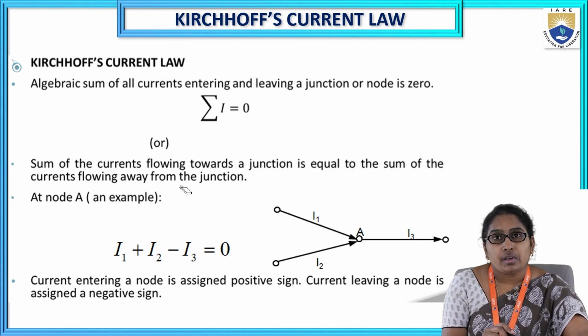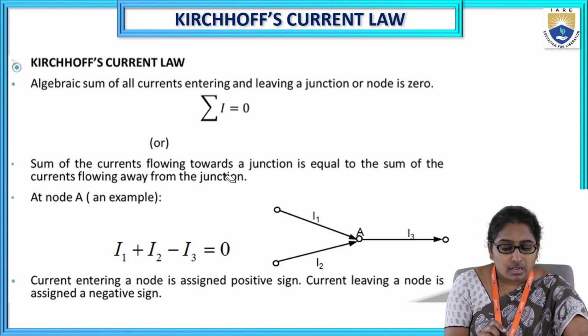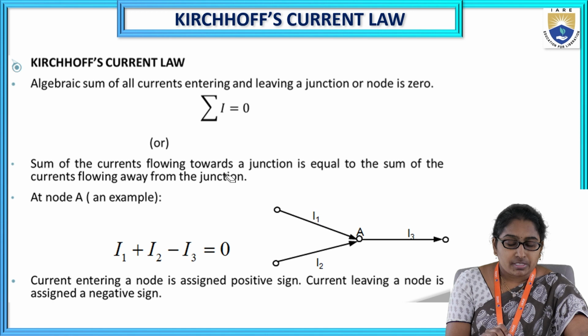That means the sum of currents entering is equal to the sum of currents leaving at a junction or node. So that is another statement for KCL.